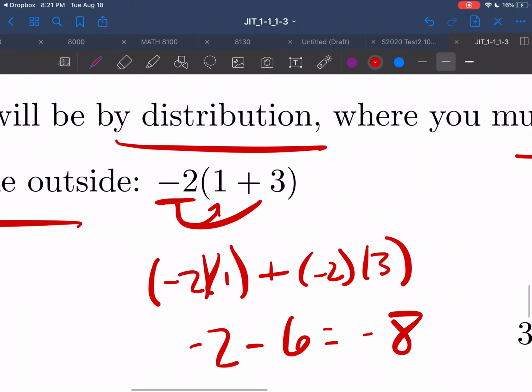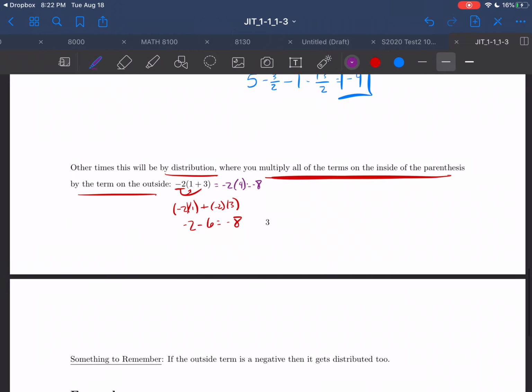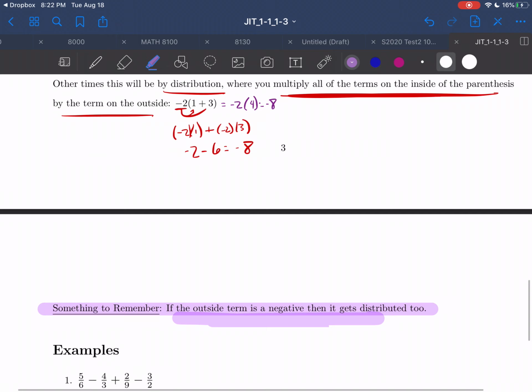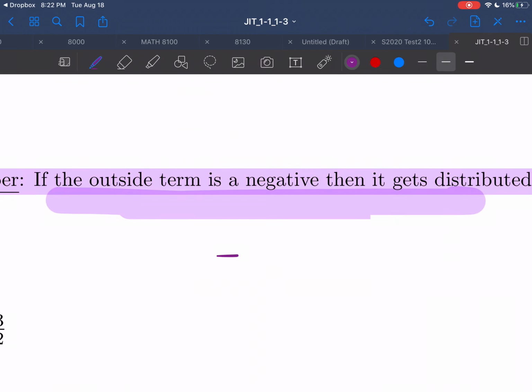Same thing as if I had done negative 2 times 1 plus 3, which is 4, that would have also given me negative 8. Something to remember with parentheses: if the outside term is negative, it gets distributed too. Sometimes there won't be a number there for you to see, and it might just look like this.